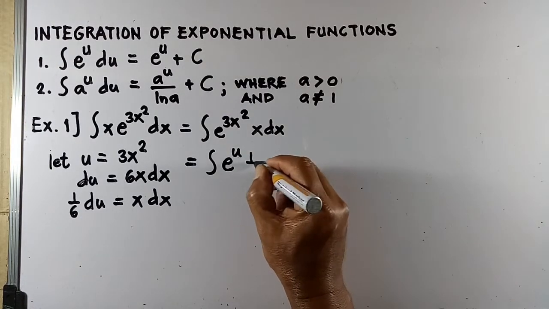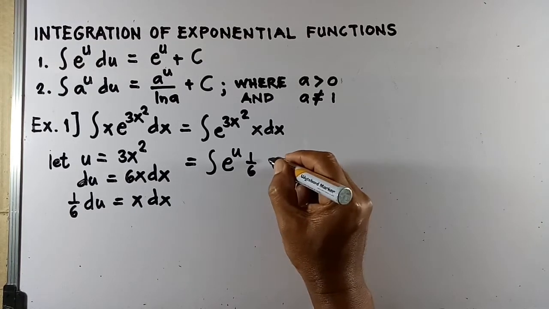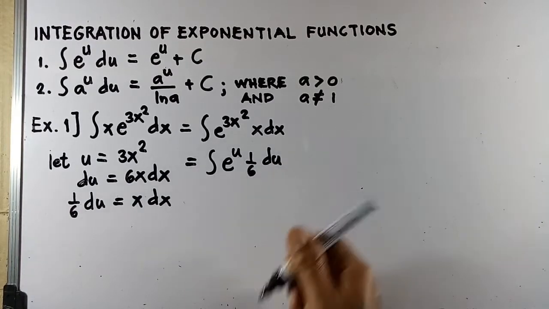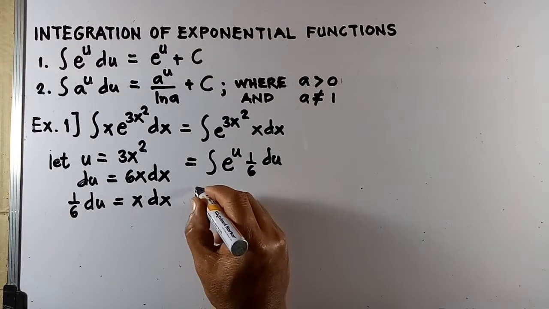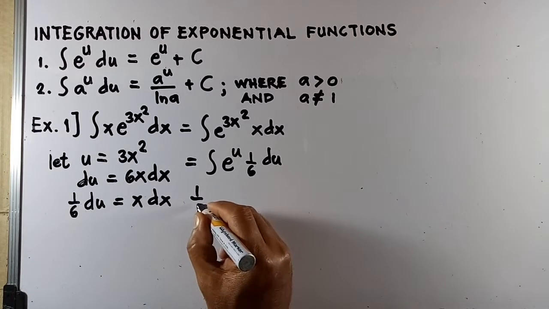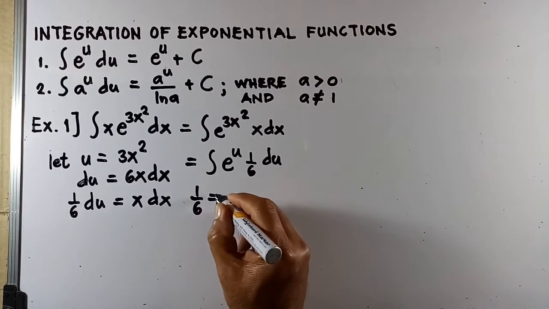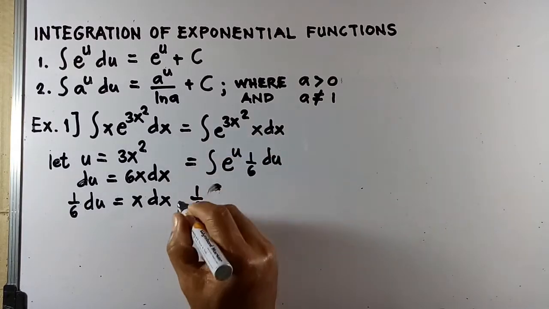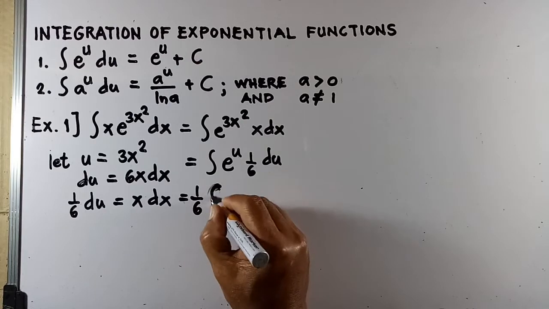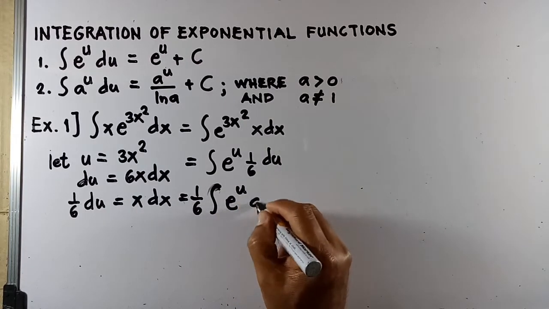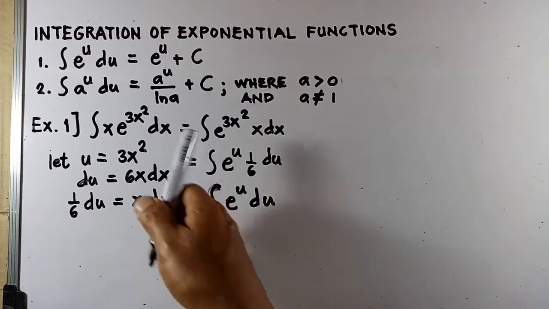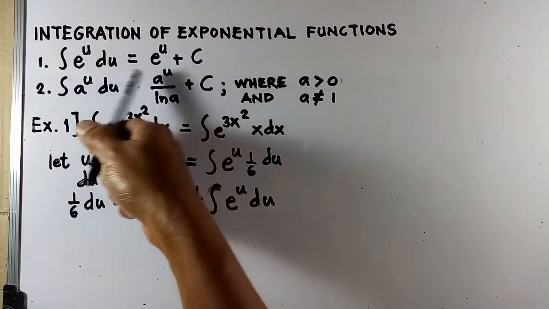So, times 1 over 6 du. So, yung 1 over 6 ay constant, pwede natin siyang isulat sa labas ng integral sign. So, 1 over 6 integral of e raised to u du.